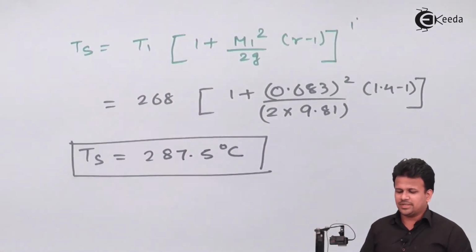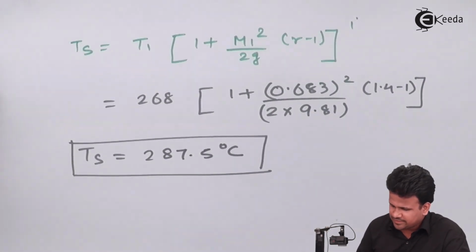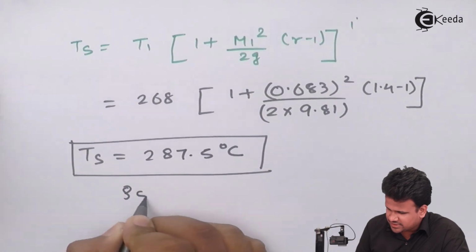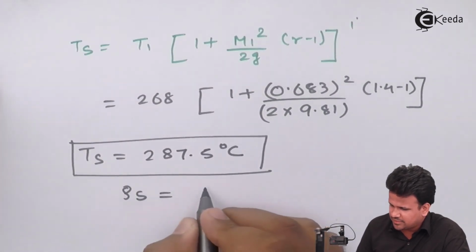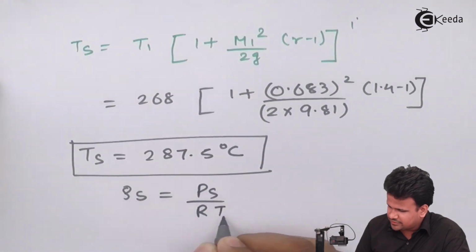We have calculated stagnation pressure. Now let us calculate the stagnation density. We know that stagnation density rho s will be equal to Ps upon R into Ts.